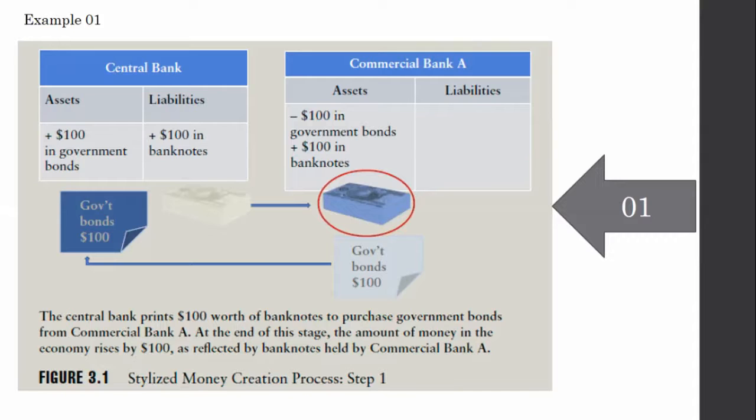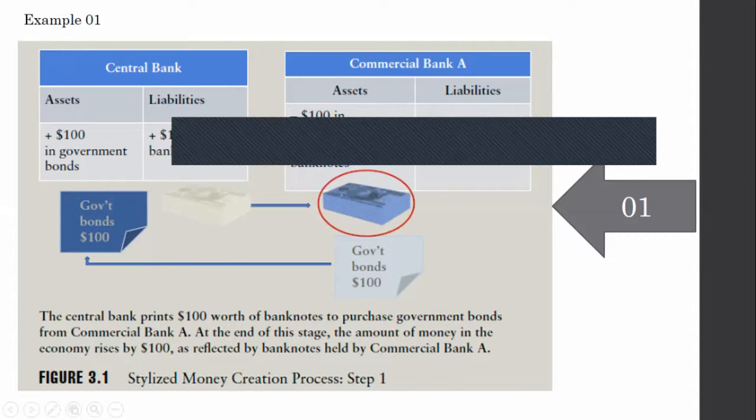The central bank is liable for that issued money. In case this money has a problem, the central bank is the party who is liable because they issued it. That's why we show the $100 on the liability side of the central bank's balance sheet.